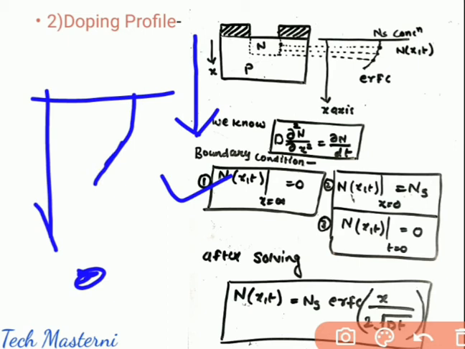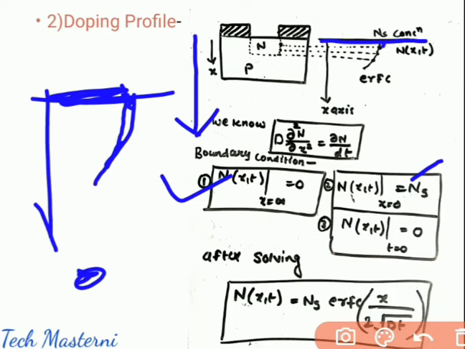And the second point is the surface concentration at x equals 0. I know the surface concentration at x equals 0 is my solid solubility, which is highest, known as Ns. Okay, so it is highest here. You can see it. And the third point is at t equals 0.